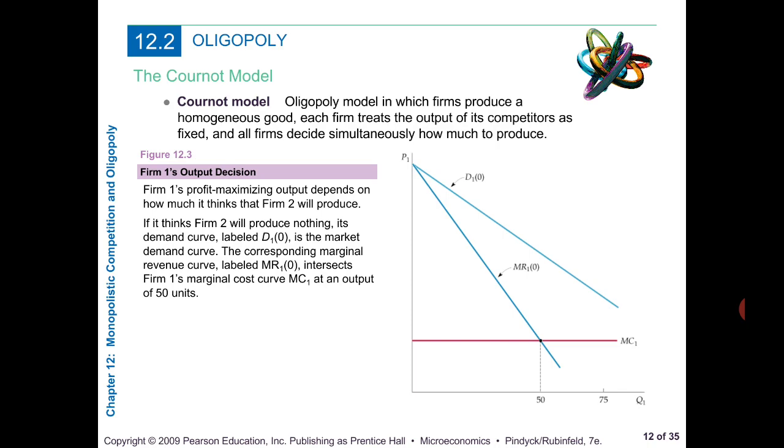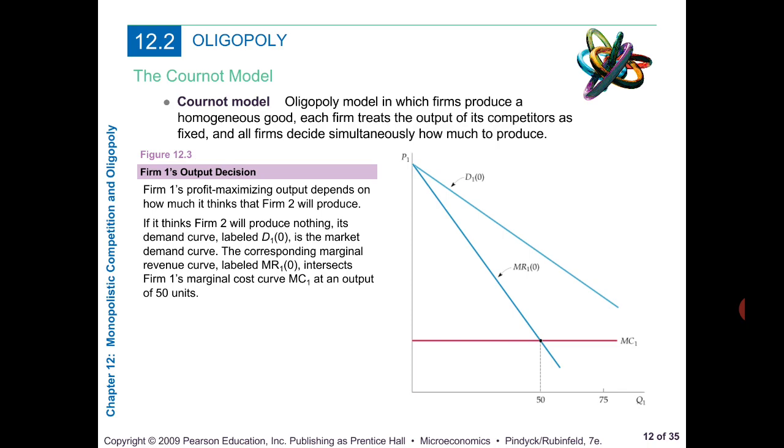They must make their own internal decision in terms of quantity based on what they think their competitors will produce. So none of them have information. This is a non-cooperative competition, really competitive, non-cooperative competitors.